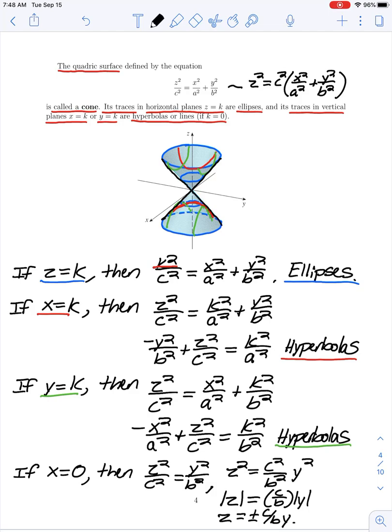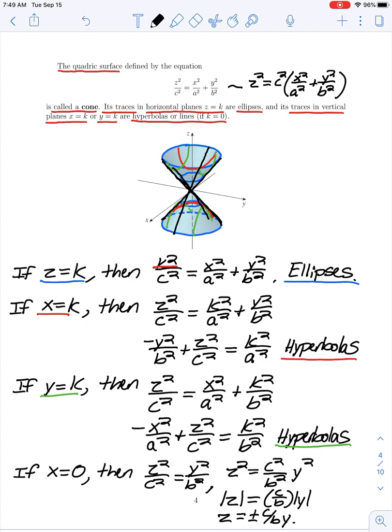I would have a line with some positive or some negative slope in that yz plane. And similarly, if I were to take y equal to 0, if I look in the xz plane, I would get 2 lines as my traces in those particular planes.